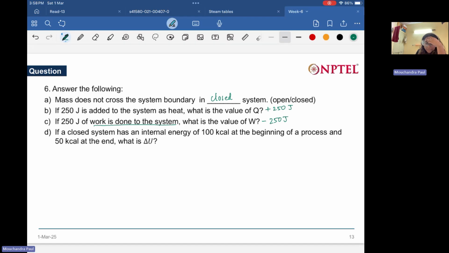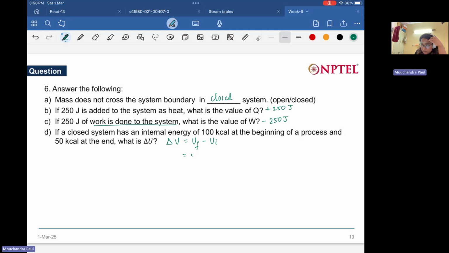If the closed system has internal energy of 100 kilocalories at the beginning of the process and 50 kilocalories at the end, what is delta U? So delta U is basically internal energy final minus internal energy initial.